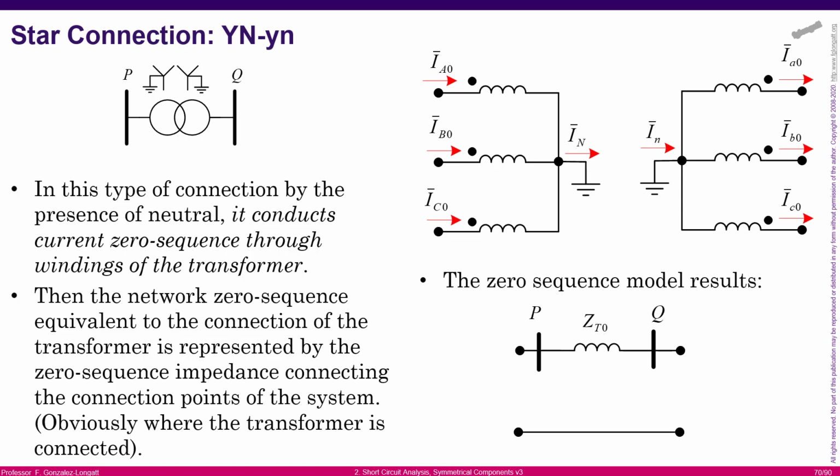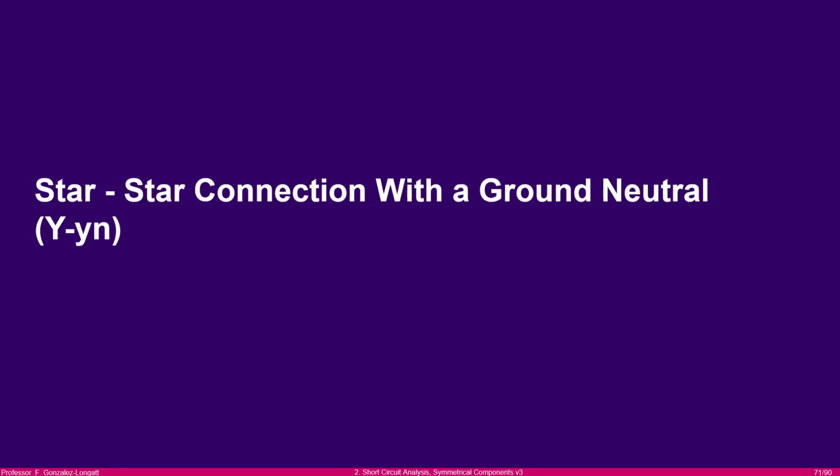This model is extremely simple because here you will have the high voltage side zero sequence component currents, and here you will have the low voltage side zero sequence component currents, okay? That is extremely simple to see. The neutral point, when it's connected to ground, allows the circulation of the zero sequence component between high and low voltage.